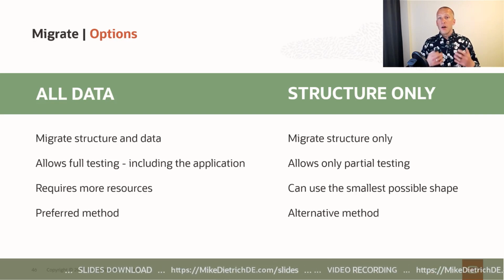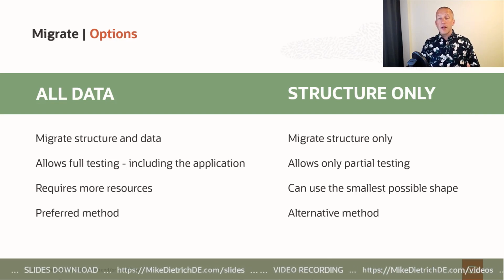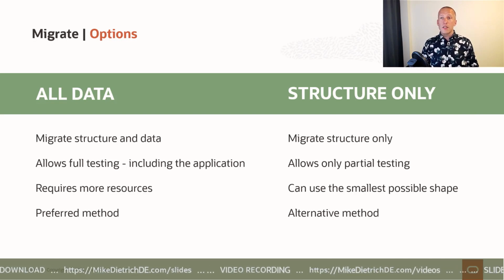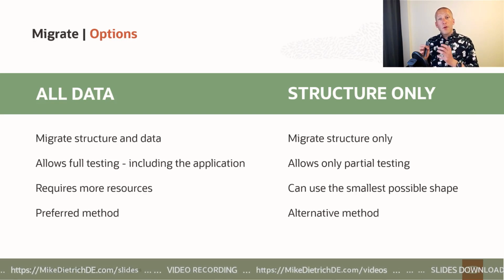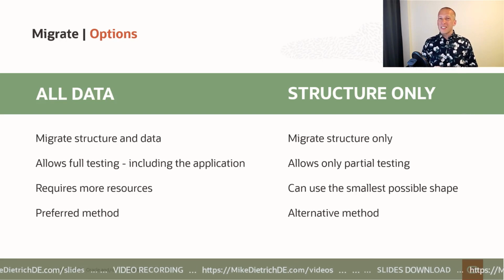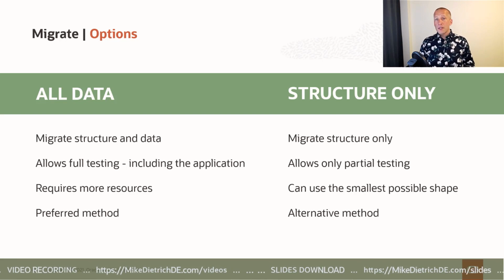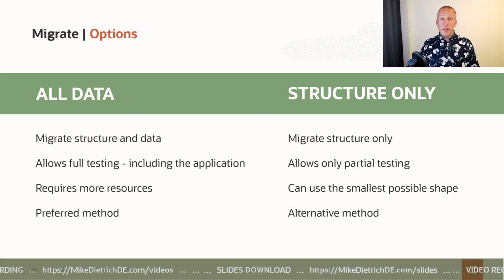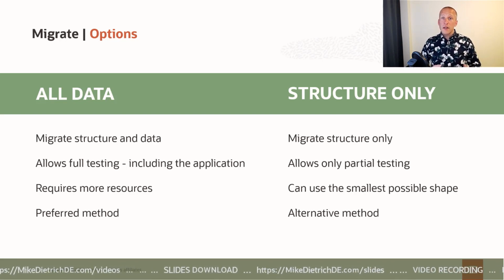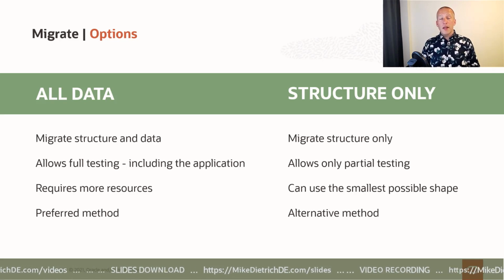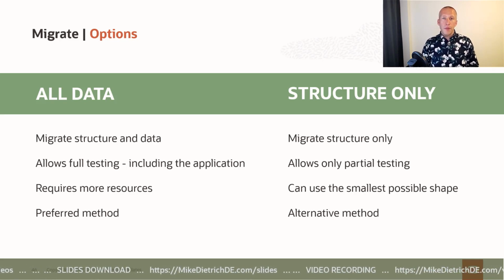You can connect your application to the cloud database and do some very useful end user testing there. But if you only migrate the structure, it doesn't really make sense to connect an application because there is no data there. But obviously, when you bring an entire database, you will use more resources and it is more costly. But bringing all the data is really our preferred method.